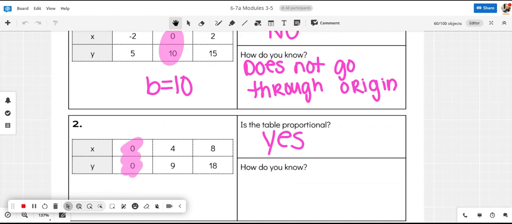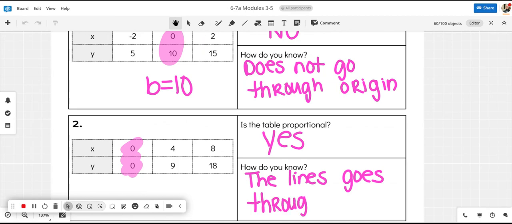And we know because the line goes through the origin. All right, so that's how we look from a table. Again, we're looking for 0, 0. If you see 0, 0, then it goes through the origin, so it is proportional.